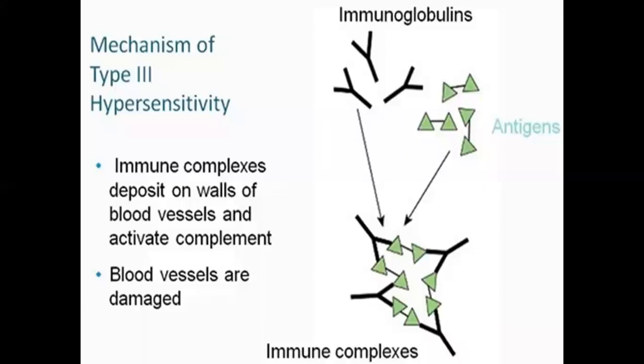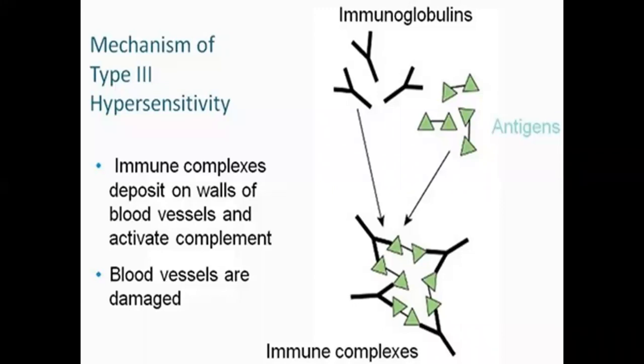Antibody came, attached to that antigen and formed antigen antibody complex, and the reaction occurred. In case of 3, antigen and antibody both were free. They formed a complex, and then they got deposited in the tissues or anywhere in the body and produced a reaction.